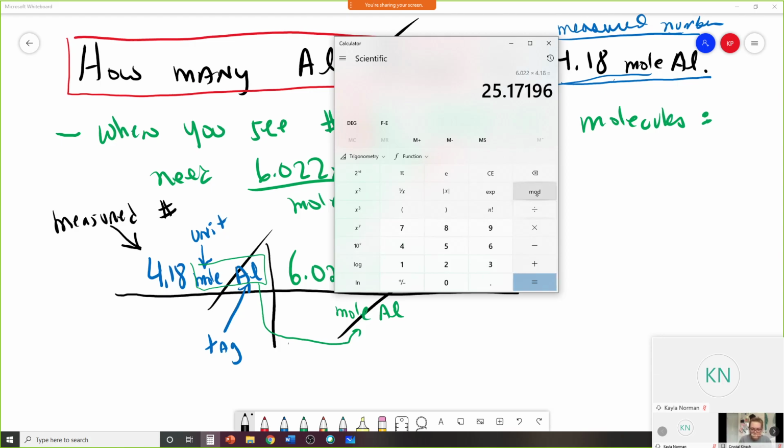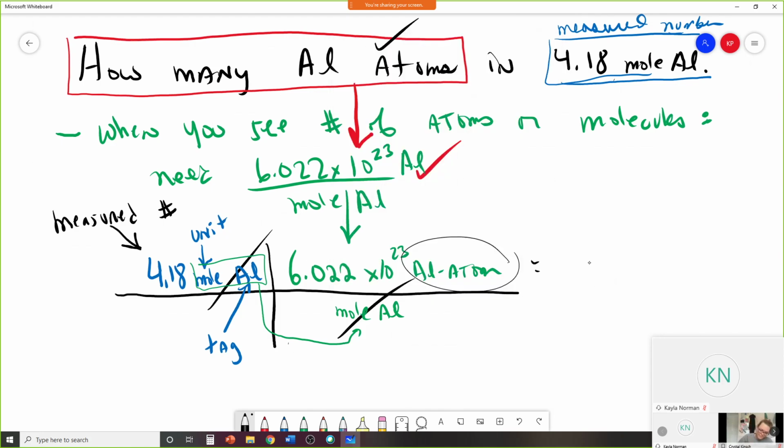That gives me 25.2, which would be 2.52 times 10 to the 24th aluminum atoms. There it is, if I put it in right, and I do believe I did.